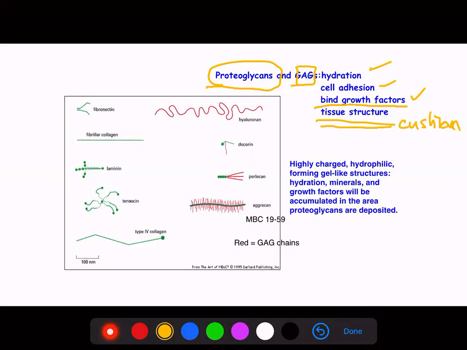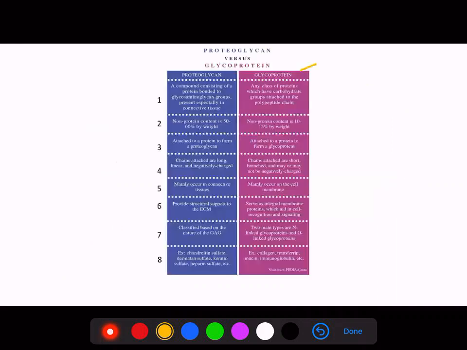And molecularly, they are very highly charged and hydrophilic, forming gel-like structures. So it is very, very important. I mean, it can hold anything on the outside of the cell. So you might wonder, what is the difference between a proteoglycan and a glycoprotein? Here is the glycoprotein and here's the proteoglycan.